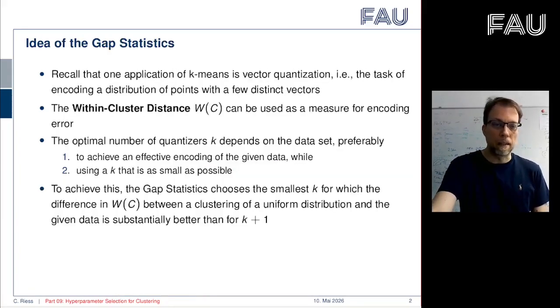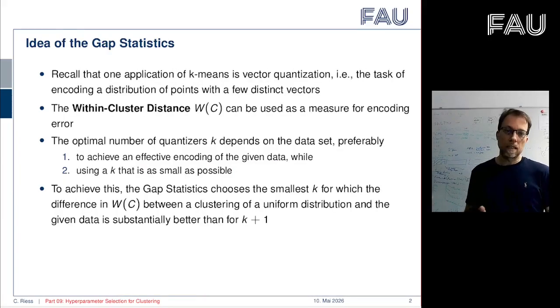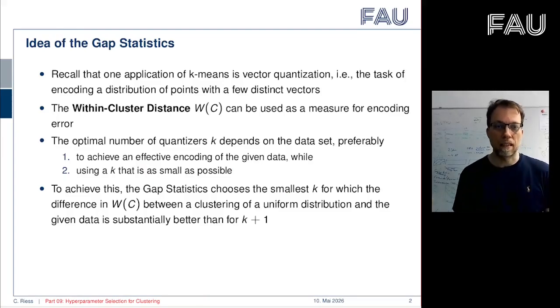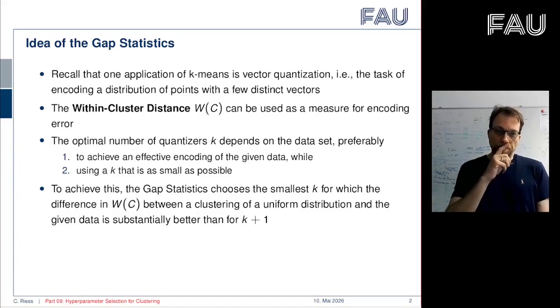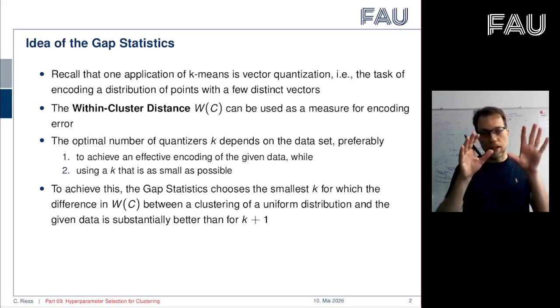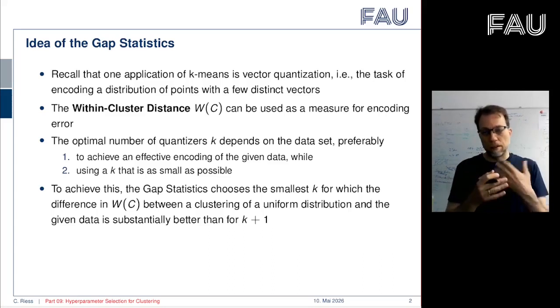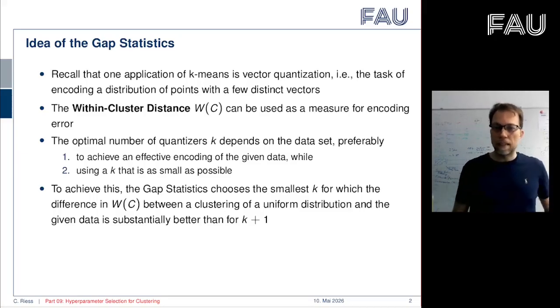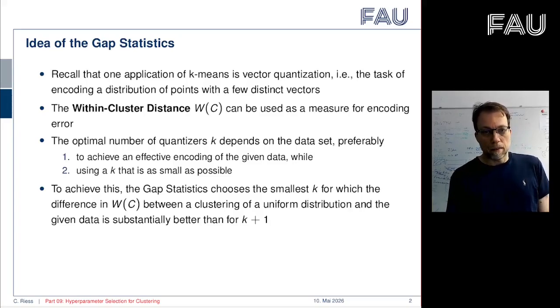Okay, let's begin. So gap statistics for k-means. What is the idea of the gap statistics? So we briefly mentioned, maybe you recall that one application of k-means is vector quantization. So, what is vector quantization? It's a task of encoding a distribution of points with a few distinct vectors. And then you can start to ask questions.